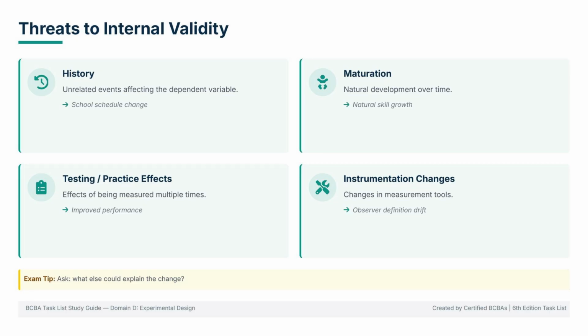Third, testing or practice effects. If a person improves simply because they're being measured repeatedly, that's not a treatment effect. Fourth, instrumentation changes. This happens when the way behavior is measured changes during the study. For example, observer drift, or changes in definitions. Here's your exam rule. Always ask, what else could explain this change?